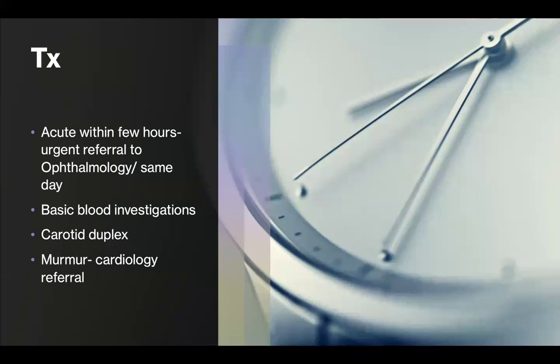They get reperfused, but the damage done is permanent, so the vision will be poor, but the retina will appear normal after 4 or 5 days, and there's nothing to do. Basically, the eye is gone.